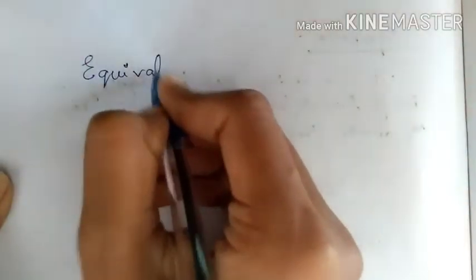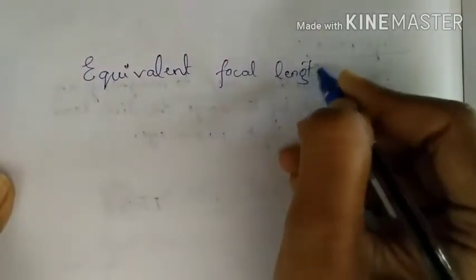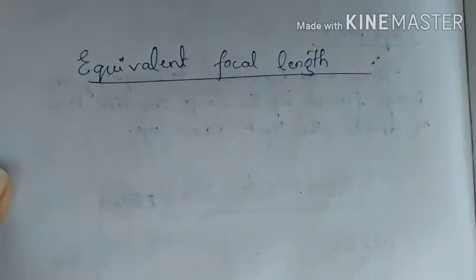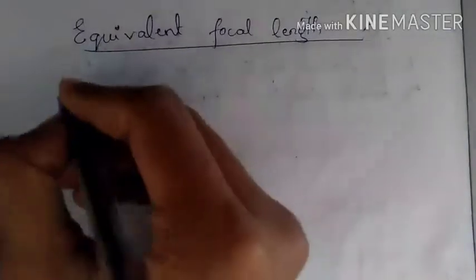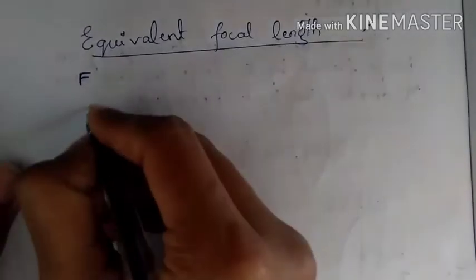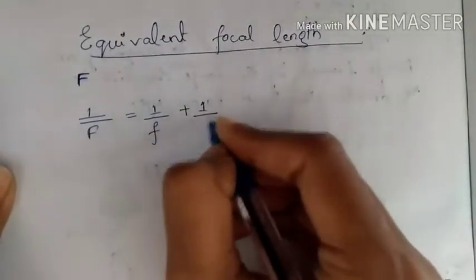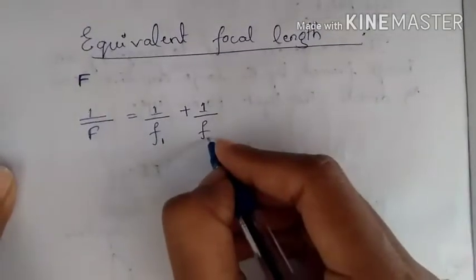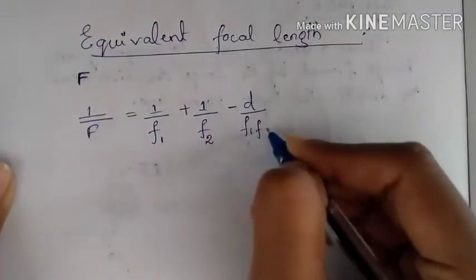And now let us learn what the equivalent focal length is. So what will be the equivalent focal length for the Ramsden's eyepiece? F, capital F, denotes the equivalent focal length for the system of lenses. So 1 by F can be written as 1 by F1 plus 1 by F2 minus D divided by F1 F2.